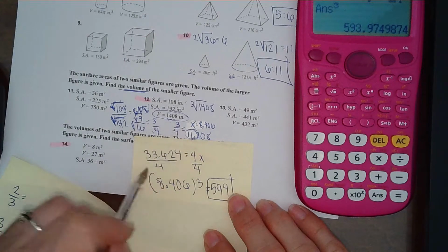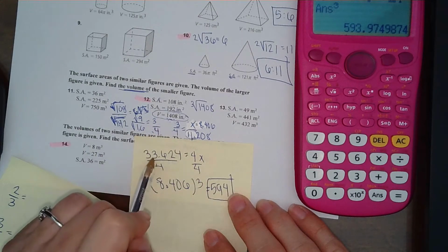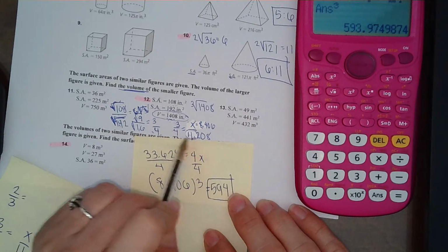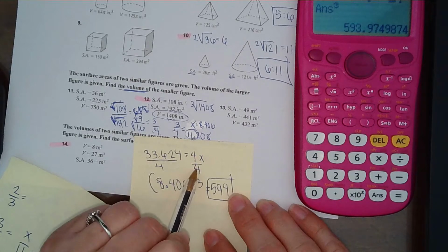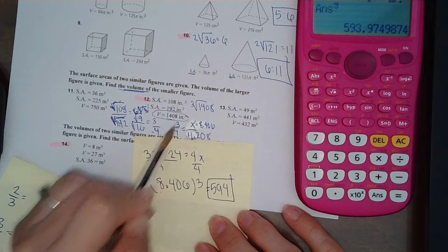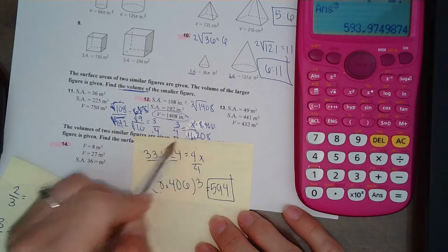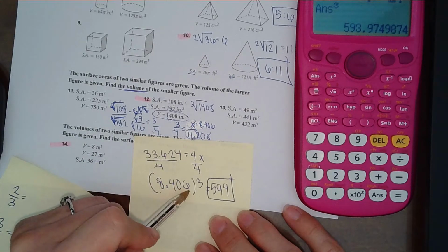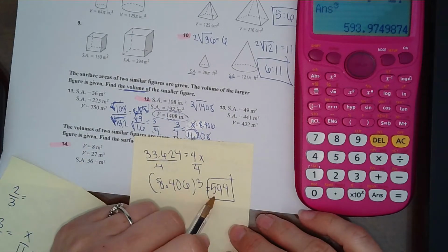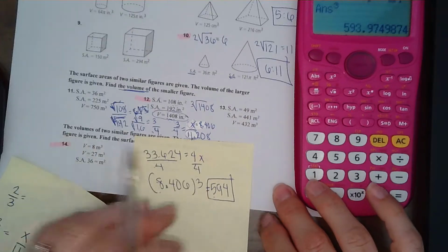Then we cross multiplied and got 33.624, 3 times 11.208 equals 4x. We divided by 4 and ended up with x equals 8.406, the numerator of this scale factor, and then we cube it to bring it back into terms of volume. That's where we got 594.